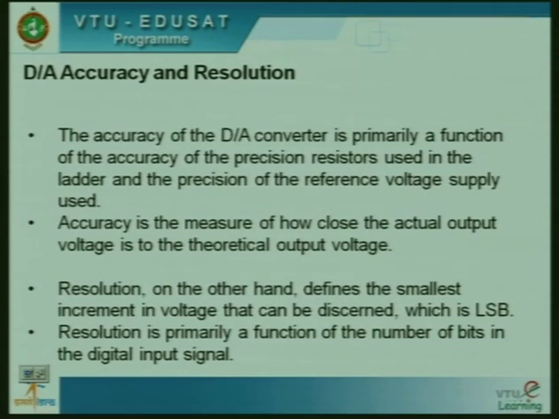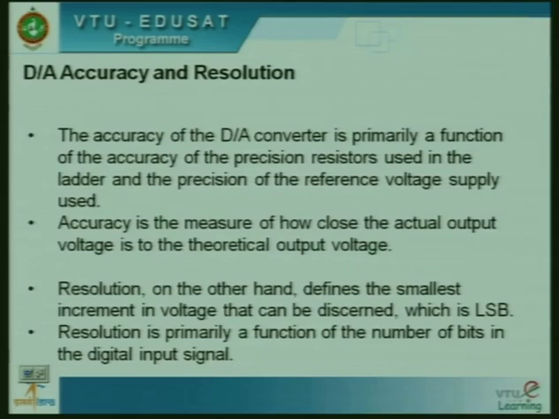Let us say we have a 9-bit D to A converter and our job is to find the resolution of it. The input given is a 9-bit D to A converter that uses an R-2R ladder network, and the full scale voltage is given as 5 volts.